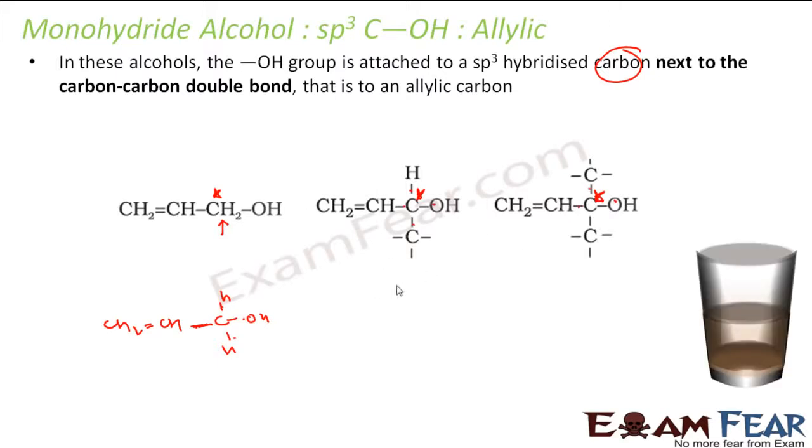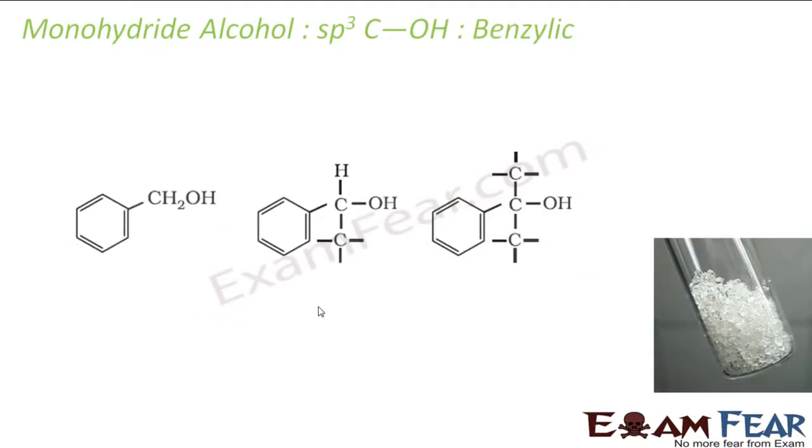And here also, you can further classify as 1 degree, 2 degree or 3 degree. This star carbon is attached to only 1 carbon, so it is 1 degree. This star carbon is attached to 2 carbons, so it is 2 degree. This star carbon is attached to 3 other carbons, so it is 3 degree. So I can further classify allylic alcohols into 1 degree, 2 degree and 3 degree alcohols.